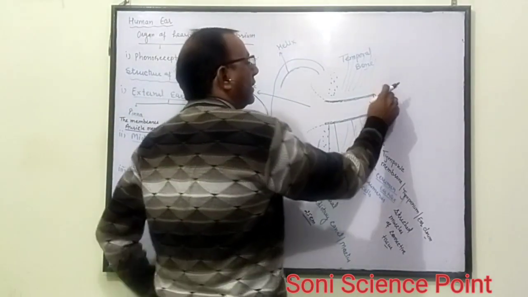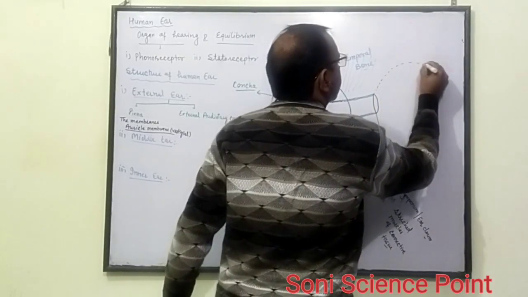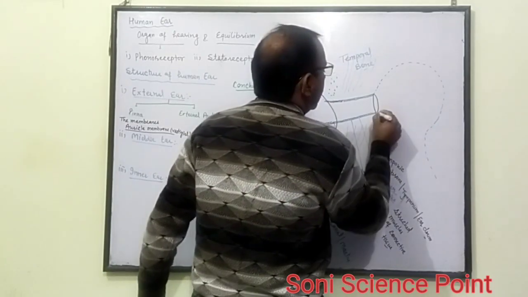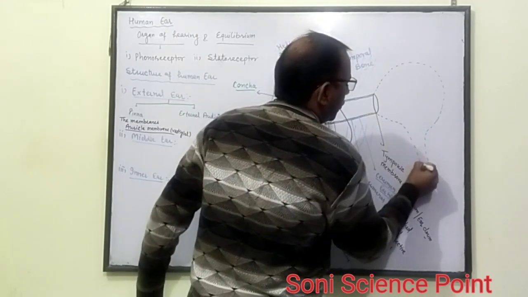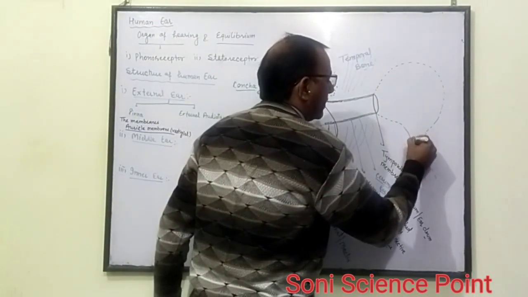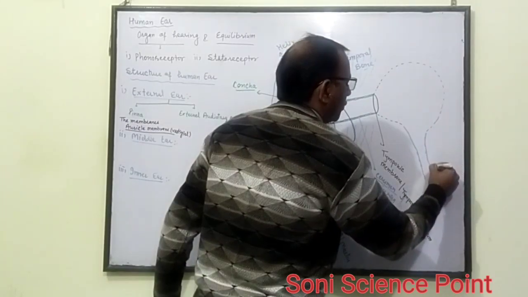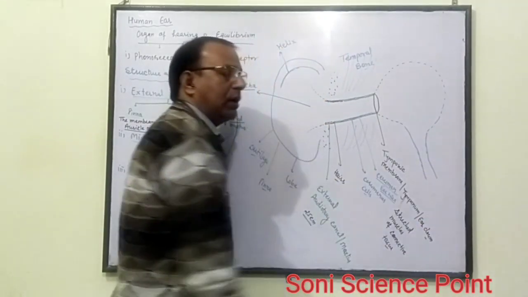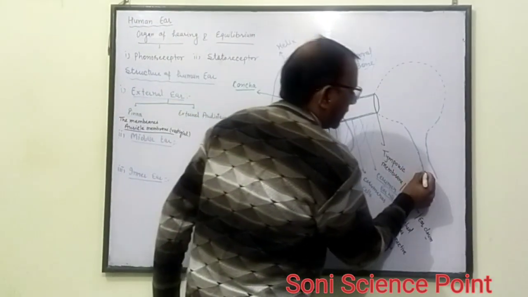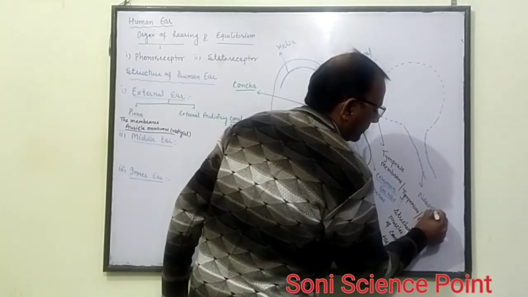The middle ear consists of an irregular, or we can say bean-shaped, structure with a tubular part like this one. This cavity contains a tubule, and that tubule opens into the buccal cavity, or nasopharynx.